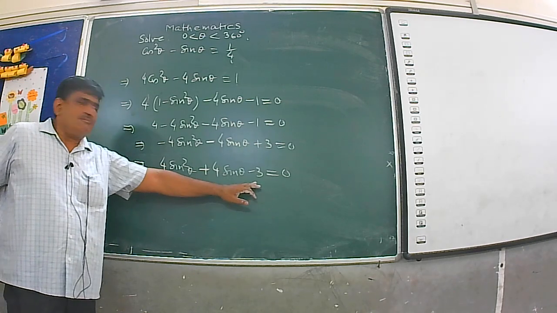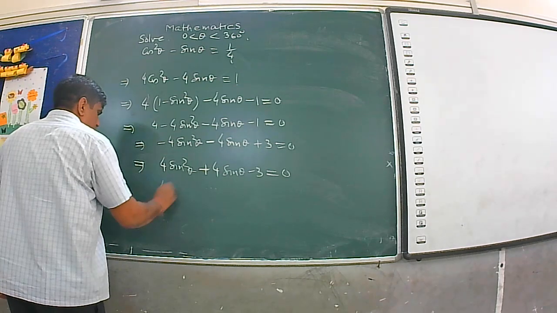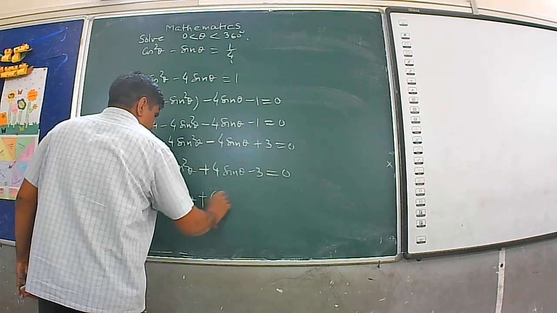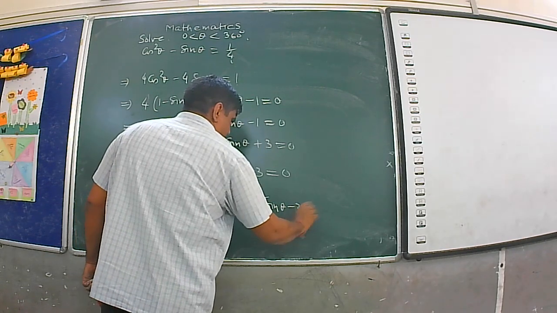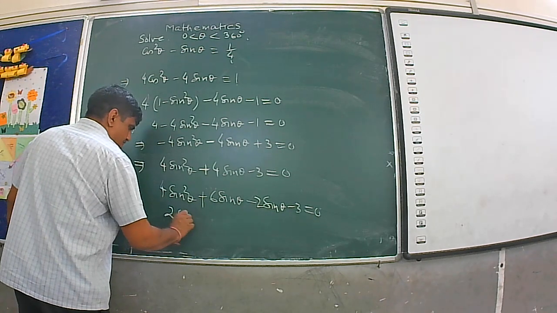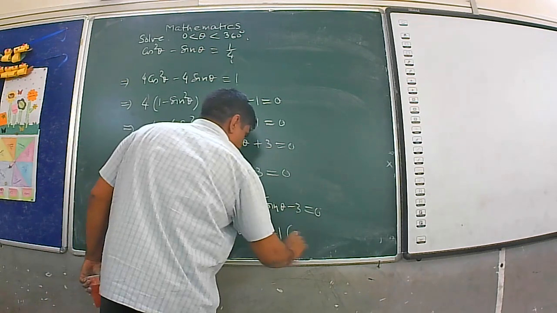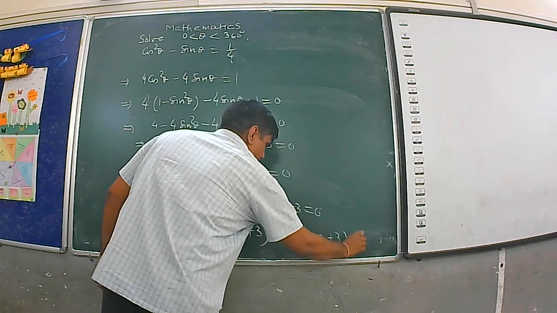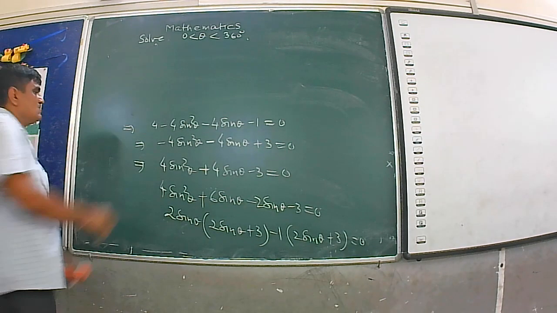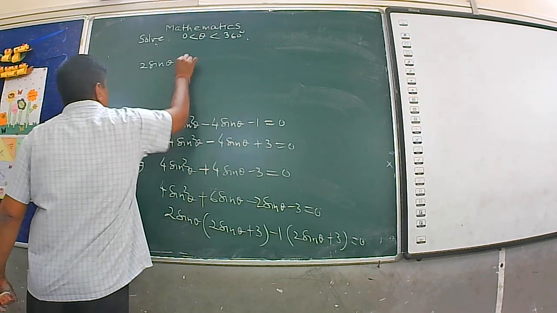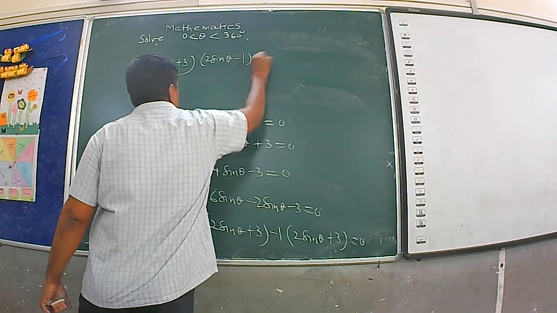Now, splitting the middle term: factors of 12 are 6 and 2, 6 minus 2 is 4. So 4 sin square theta plus 6 sin theta minus 2 sin theta minus 3, which gives 2 sin theta plus 3 and 2 sin theta minus 1 equal to 0.